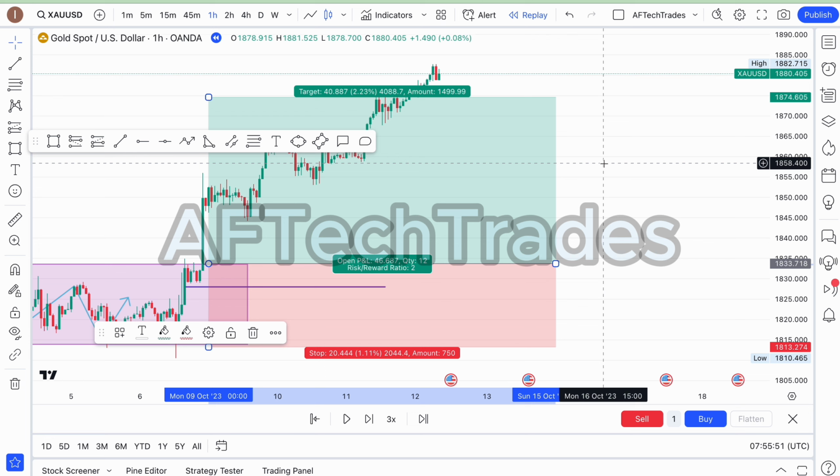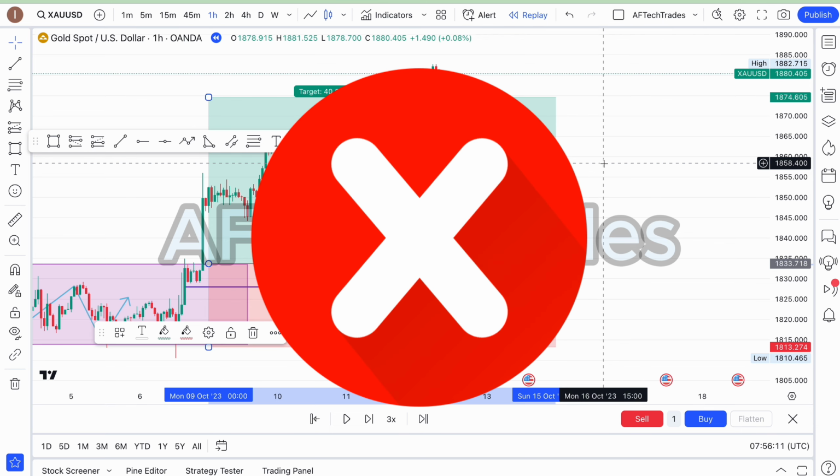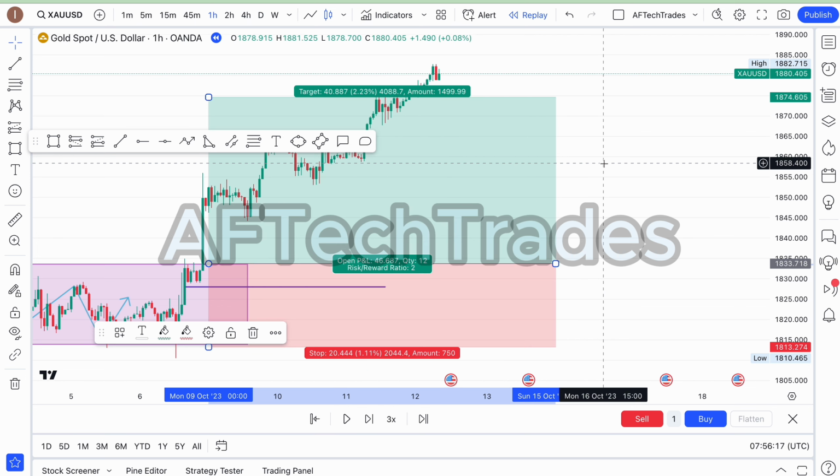If you're using a larger lot size, for example, let's say you're using 1 lot on gold and you have a big capital, that is a huge amount of money in a week. Instead of making too many trades and ending up blowing your account, why not just stick to a strategy that works for you and maximize your profits?